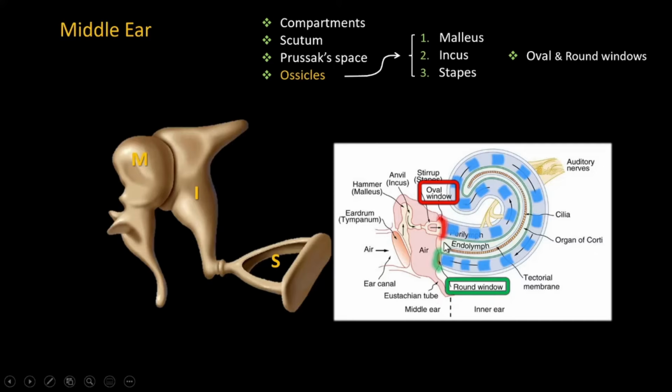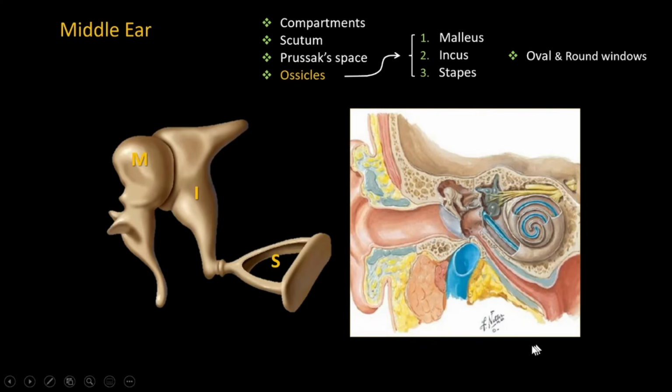So the relationship between the oval window and the round window is oval window is at the top, round window is on the bottom. Again, in this Netter diagram, you can see the footplate is flush against the oval window, and the round window is inferior to the oval window.